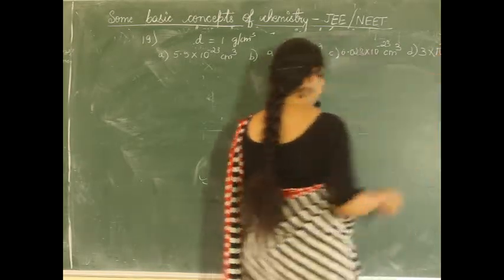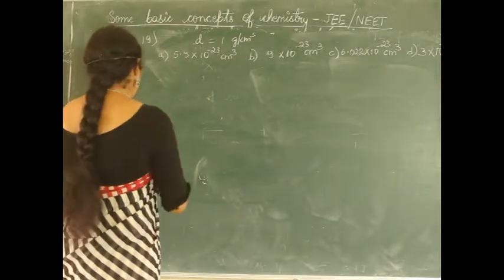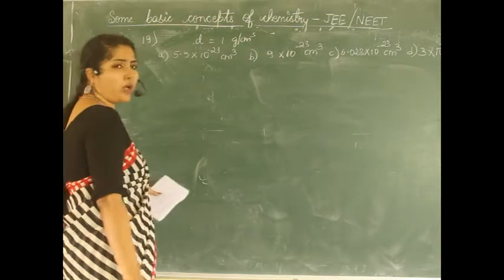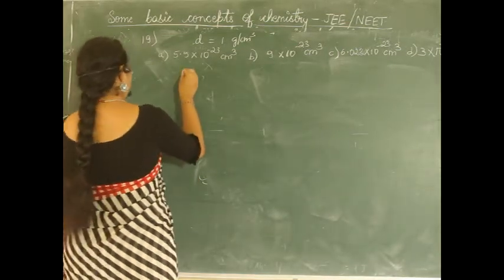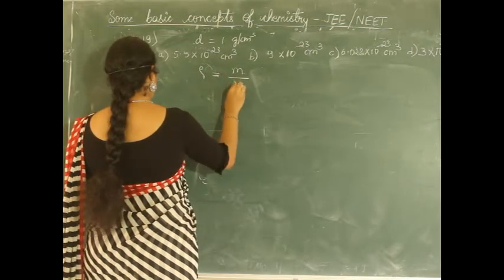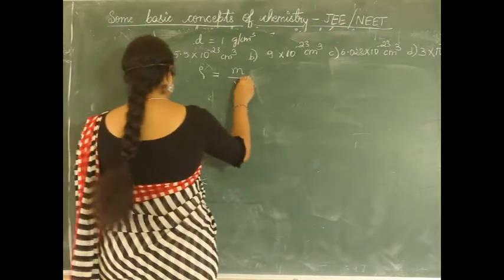What are you supposed to find? Volume occupied by one molecule of water. This is again related to the mole concept. First we know that density is equal to mass by volume.